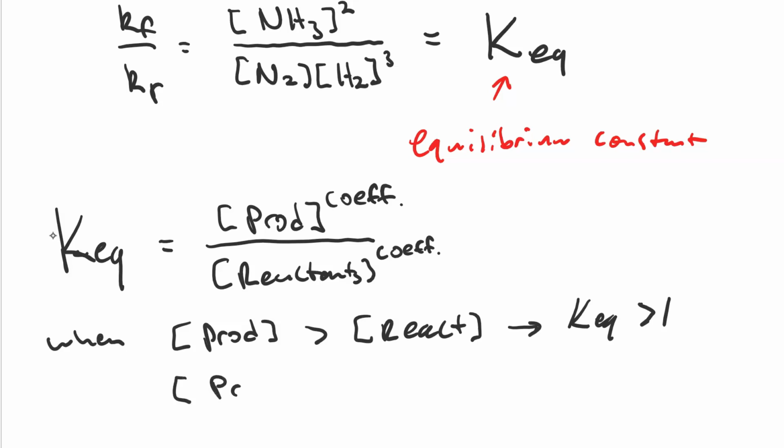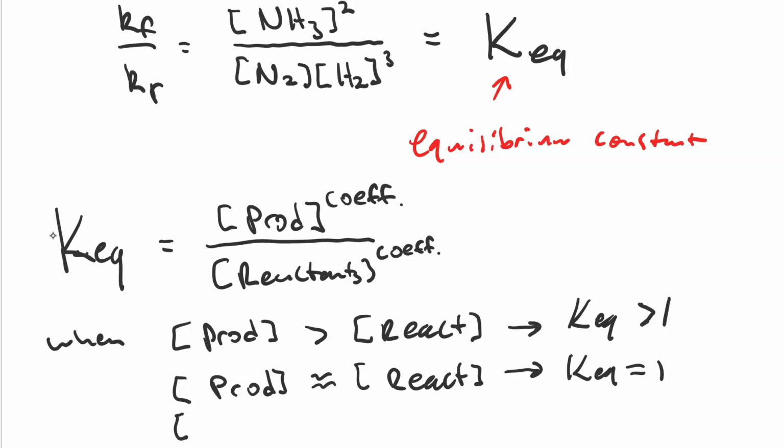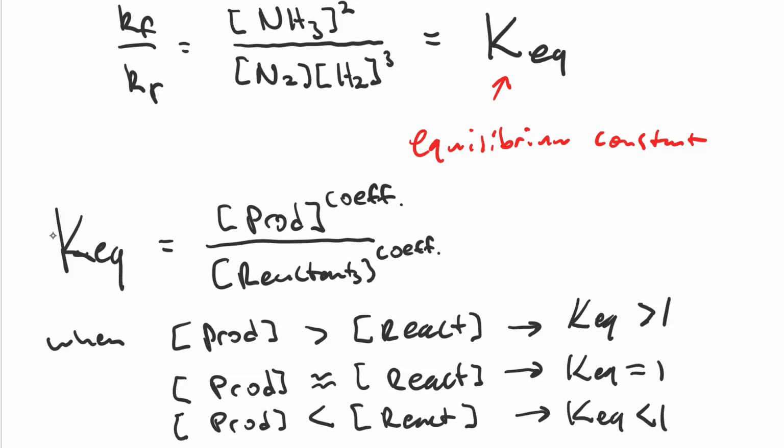If you have the amount of products about equal to the amount of reactants, then your KEQ would be equal to 1. And if you have less product than reactant, we'd say your KEQ is less than 1.